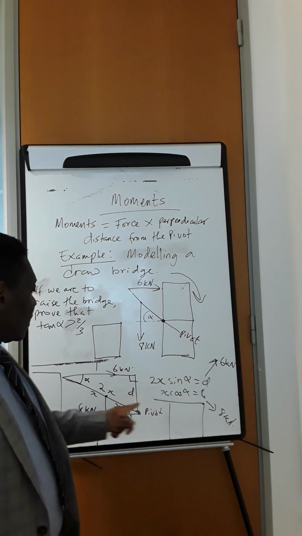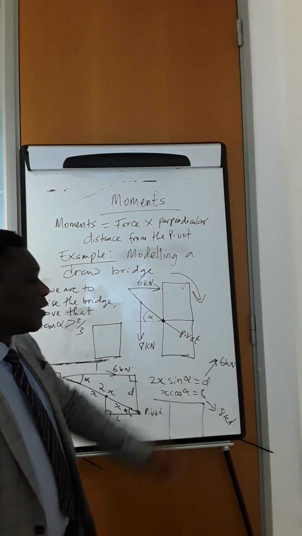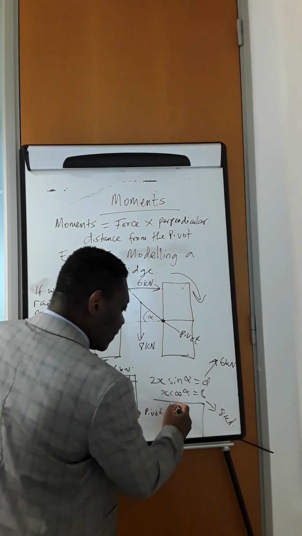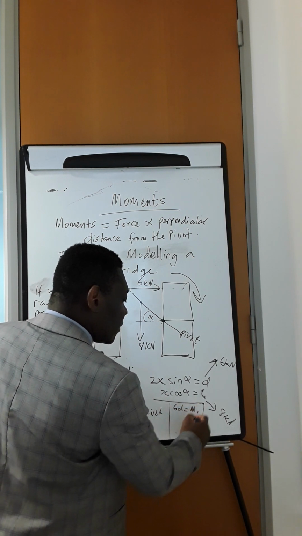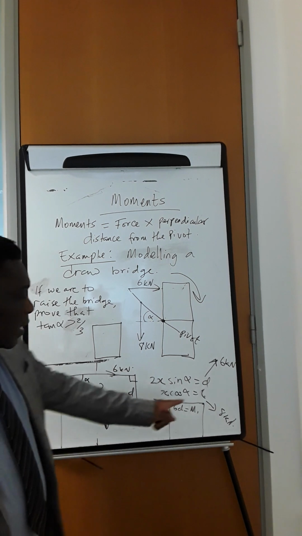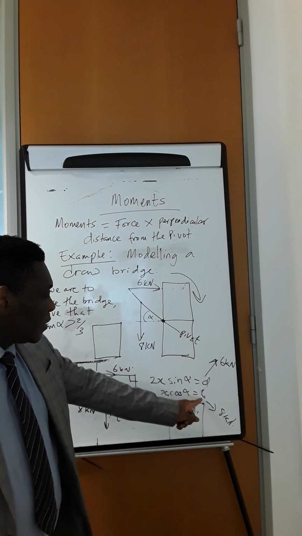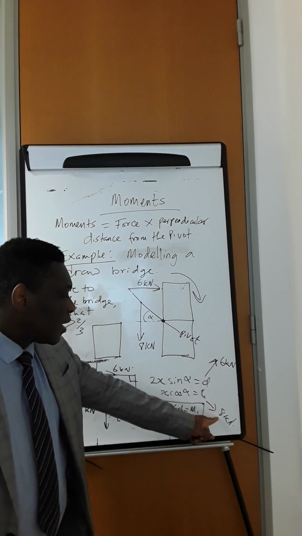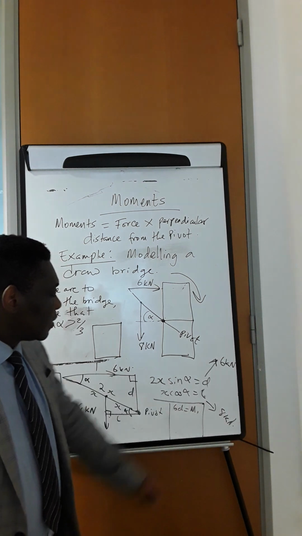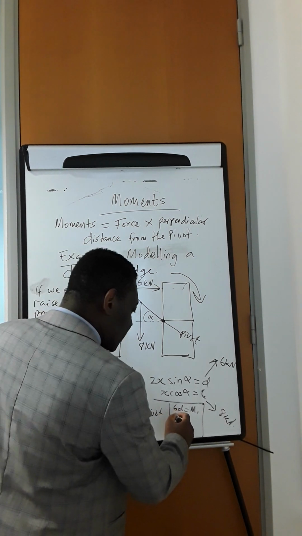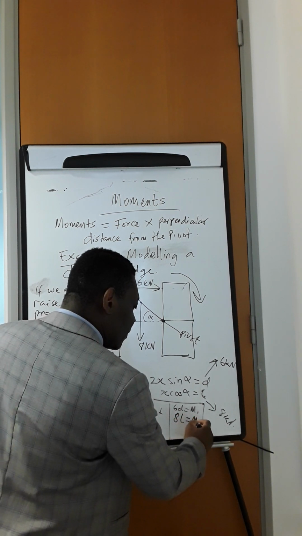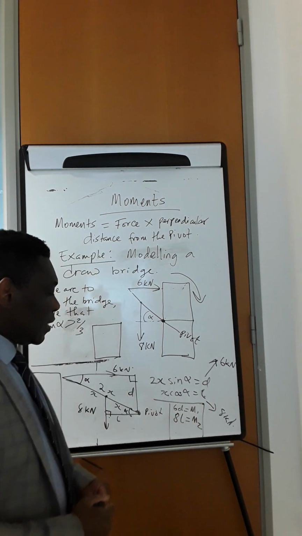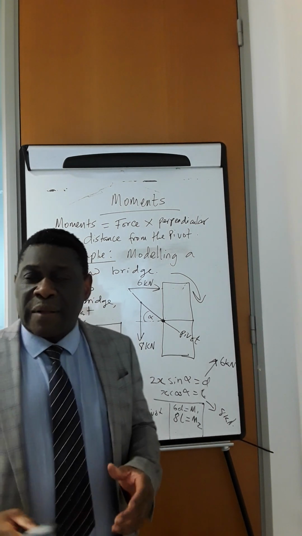So 6 times D will be our moment. So 6D, we'll call it moment 1. L times 8 will be the second moment. So 8L is equal to M2. So those are our two moments.